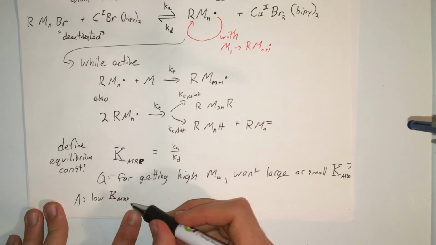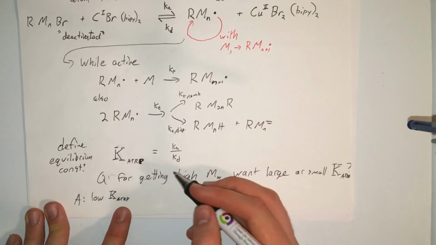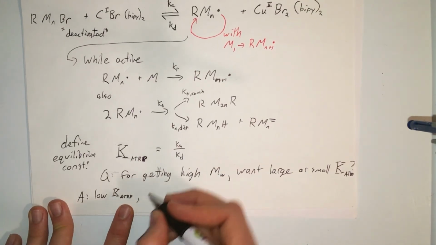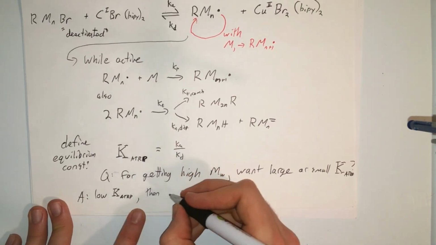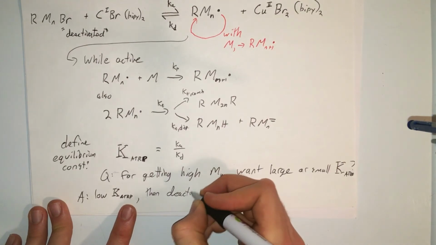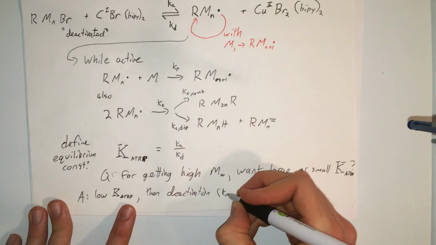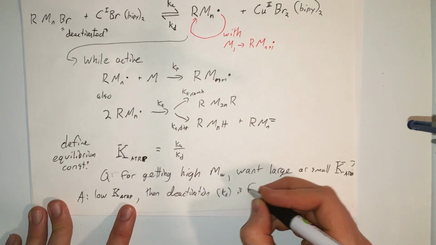If we have a small K ATRP, then deactivation, i.e. little k sub d, is favored.